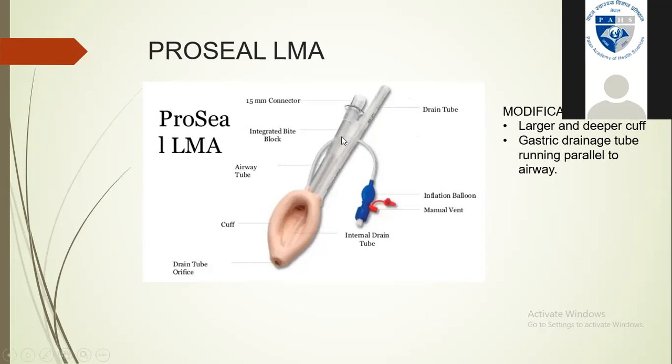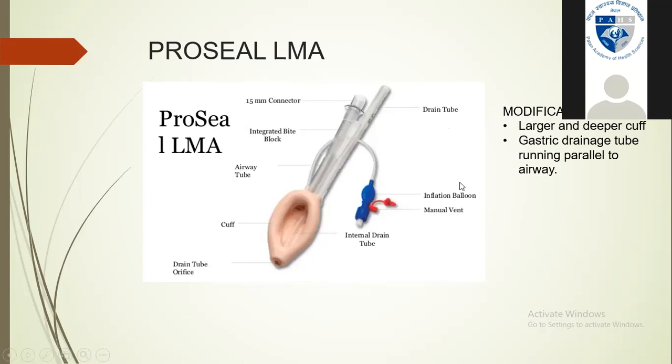As we can see, one tube is opening into the proximal end of the cuff, and this draining tube is opening into the distal end of the cuff. So the advantage of this PROSEAL LMA is that we can insert a Riley's tube from here and suction. So gastric aspiration will be less, as we can directly decompress gastric contents from this draining tube.